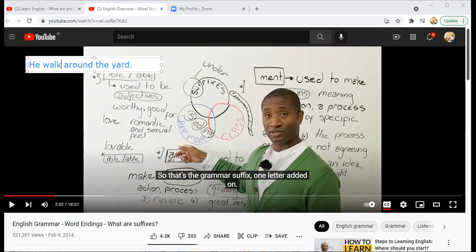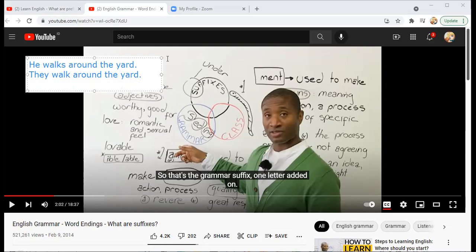If it's we or they, it's going to change, like they walk around the yard. You cannot use S if there are many person. Kalau misalnya orang yang lebih dari satu, nggak boleh pakai S. But if only one person, you need to use S, right? Like that. It's a grammatical thing.